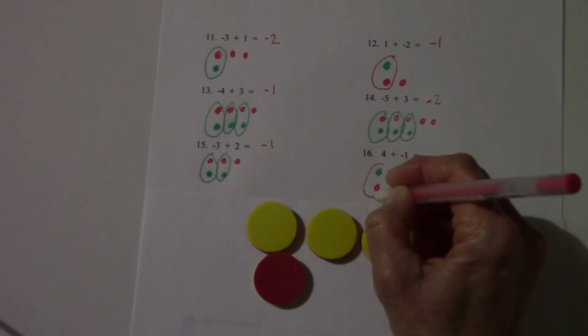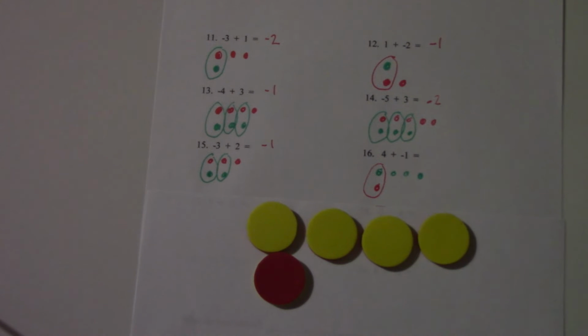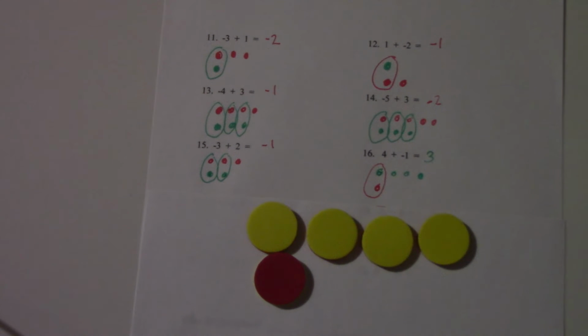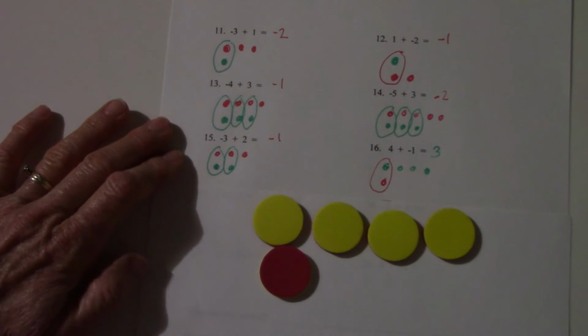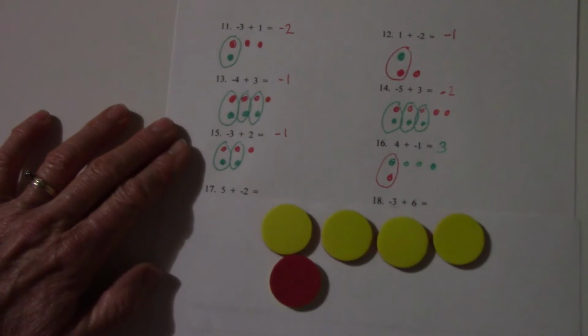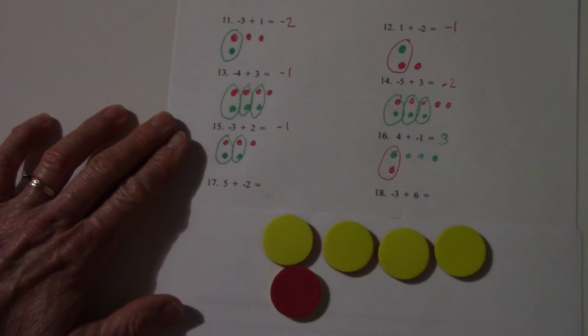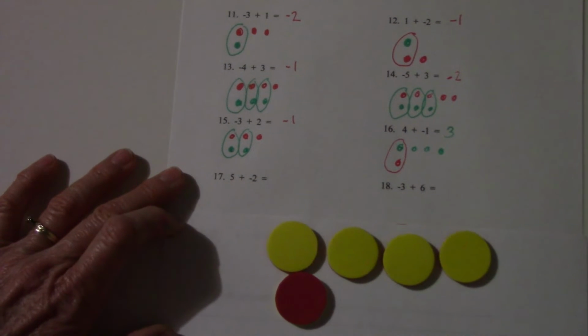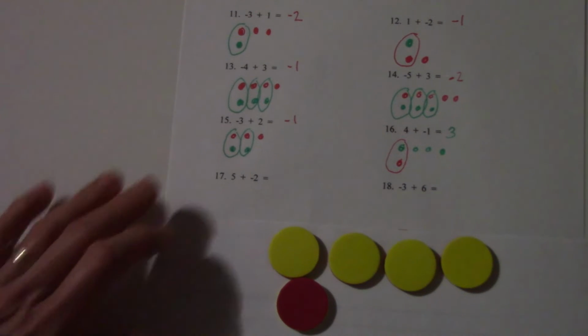And here's a 0 pair, and I'm left with 3 positive. So I have positives. So why do I have positives for my answer now when all the previous problems my answer was negative? So I want them to notice, start thinking about that. Okay, and wondering, should the next problem have an answer that's positive or should it be negative?